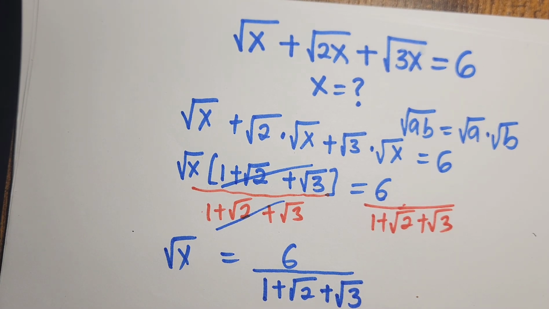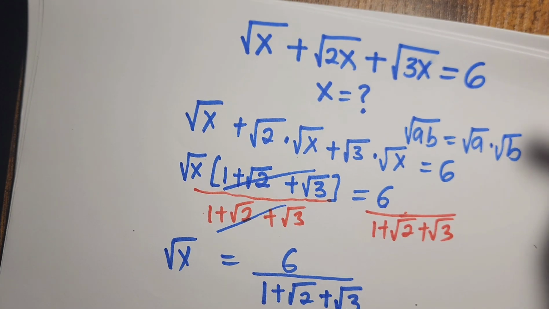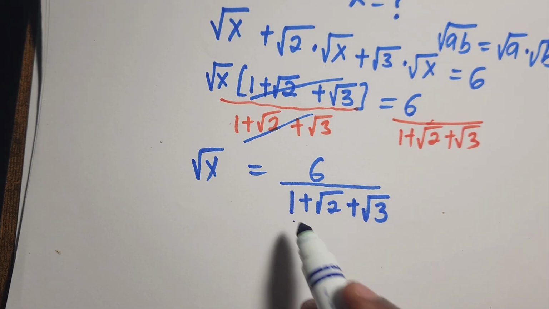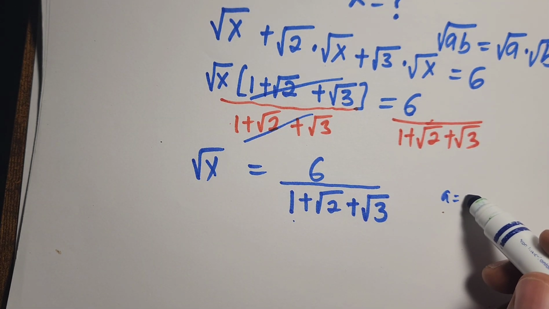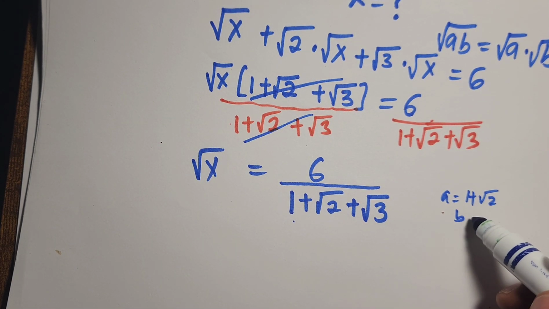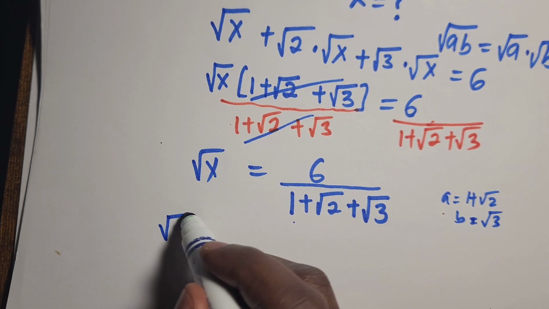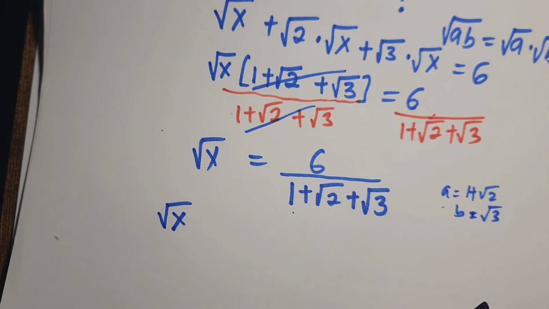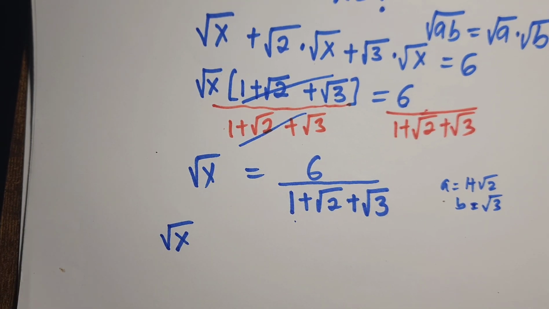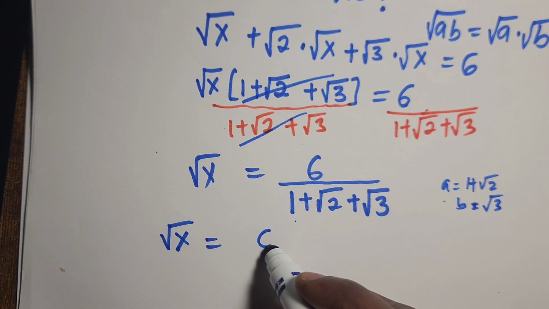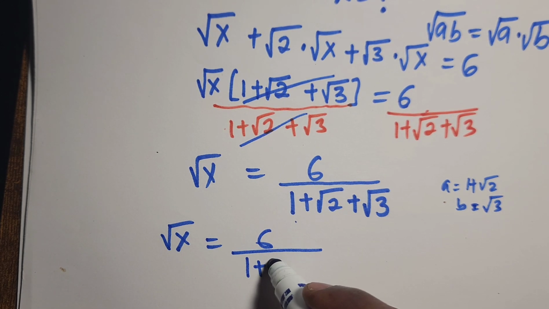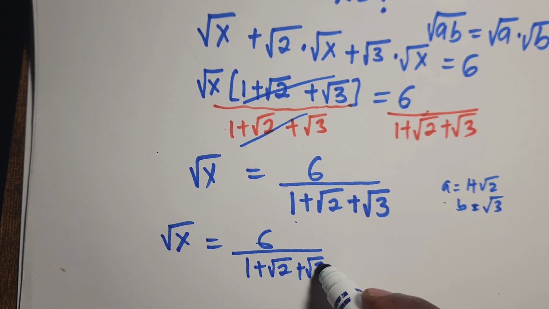Now, to get rid of this denominator, anytime we have a surd as the denominator, we rationalize. To rationalize this, I'm going to regard this as my a, which is 1 plus root 2, and my b as the square root of 3. So here I have the square root of x, which equals 6 divided by 1 plus the square root of 2 plus the square root of 3.